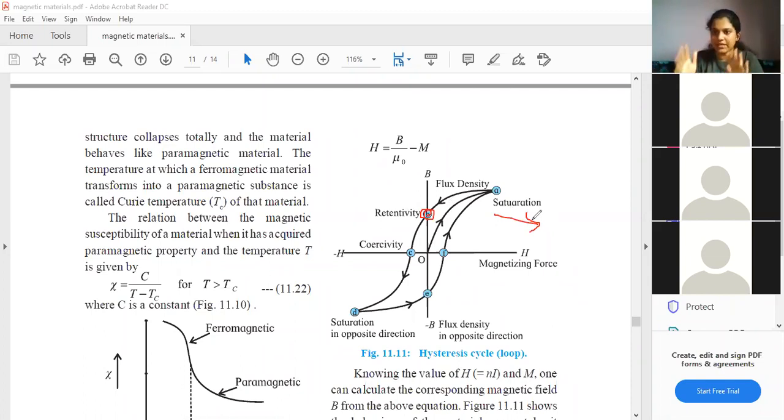Now that I have changed the direction of current, the aligned dipoles will break that alignment and try to move in different directions. When current was in one direction, all the things I explained till now happened. As soon as I reverse the direction of current, all these aligned dipole moments will change their alignment. I hope you are understanding.